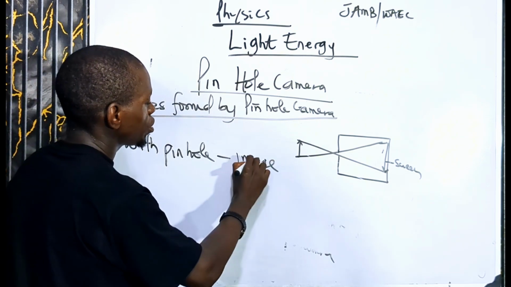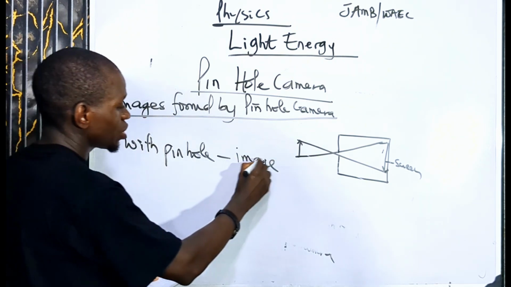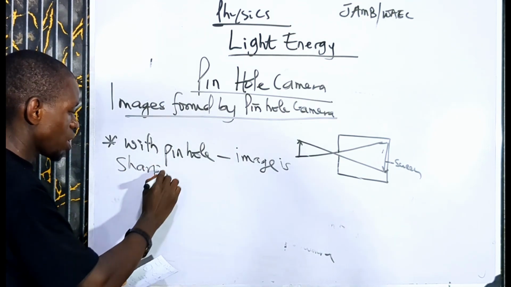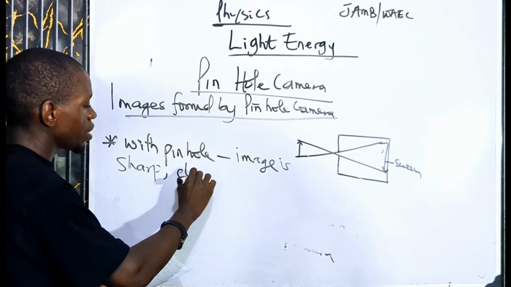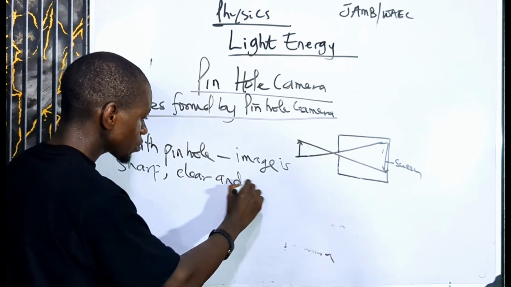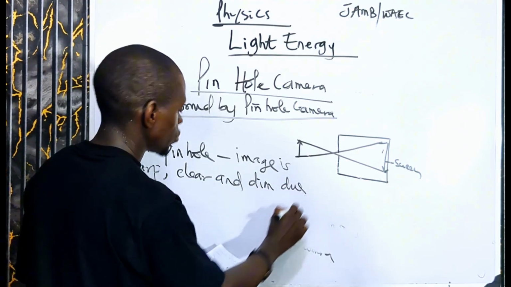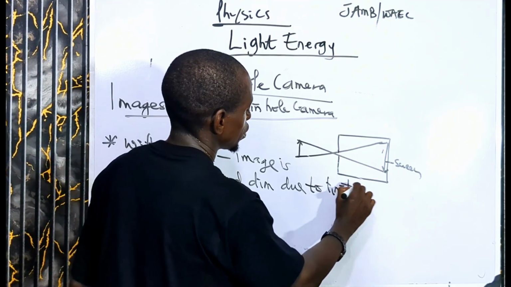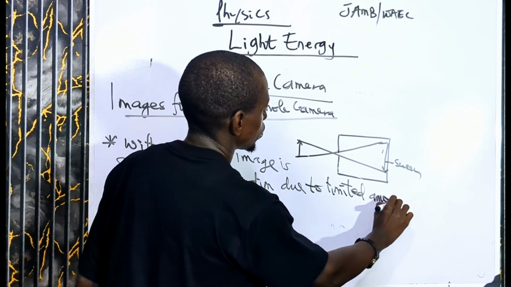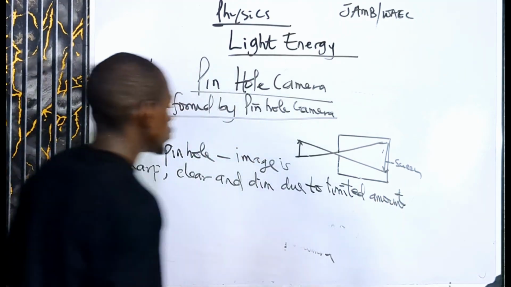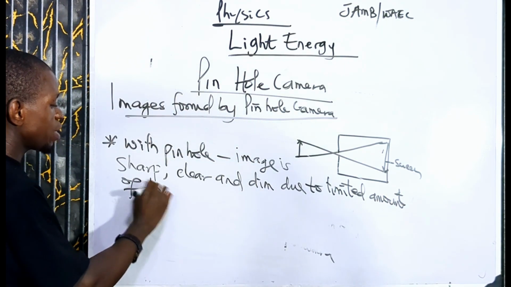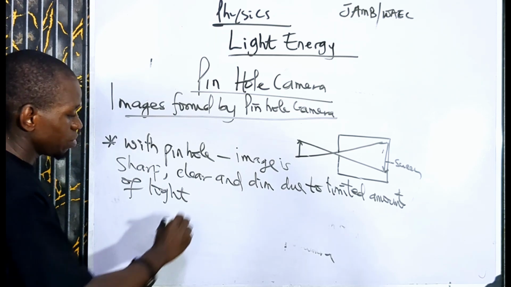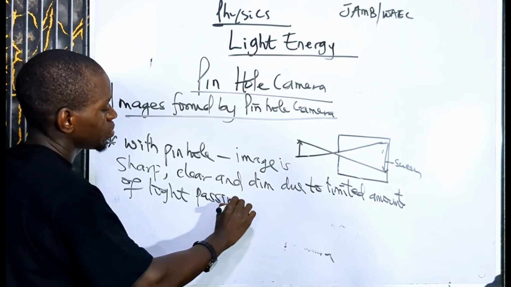The image formed is sharp, clear, and dim due to the limited amount of light passing. Take note of that.